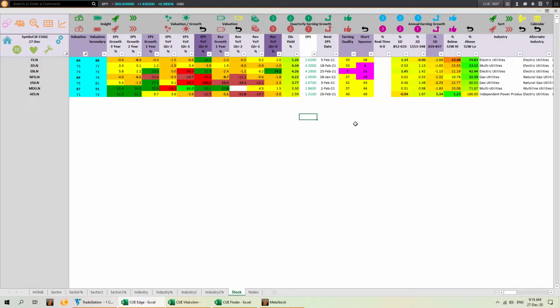If I get a turnaround candidate, that may be a buying opportunity for short term as well as long term. I'm not a long term investor, but that is a way you may look for turnaround candidates in sectors that were weak for a long time, just starting to go up. Then look for undervalued stocks, both in terms of valuation and secondary valuation.